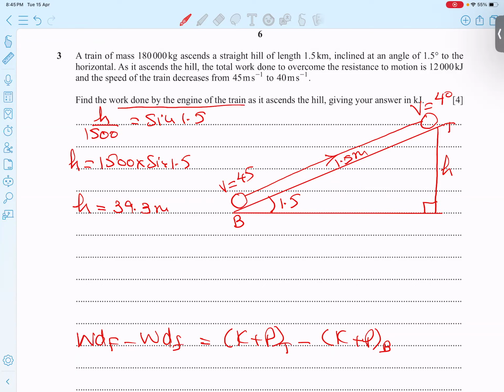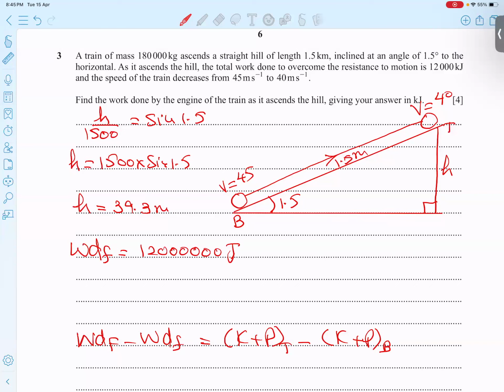So we have to find out the work done by the engine. He said the resistive force is overcome, so this behaves like the work done by frictional force. I'm writing here: work done by frictional force is 1, 2, and triple zeros kilojoules, so 3 more zeros come, in joules.